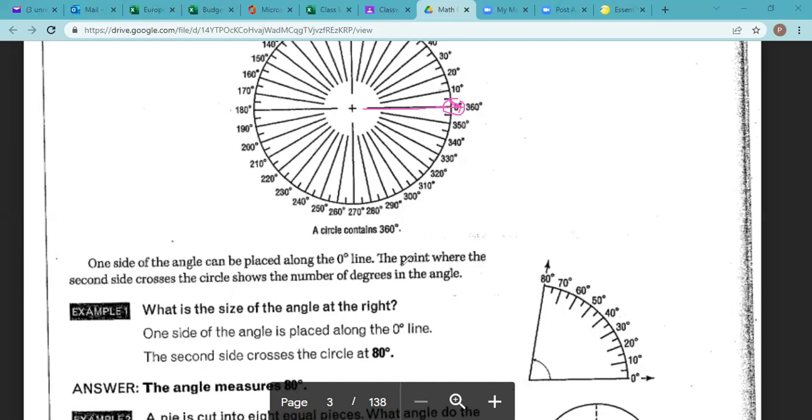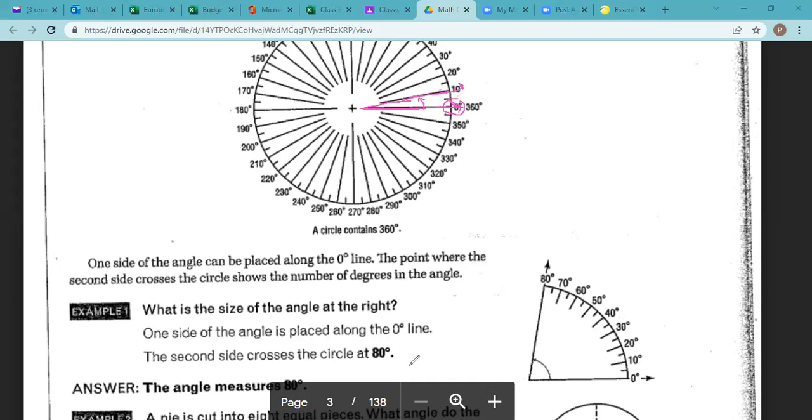The point where the second side crosses the circle shows the number of degrees in the angle. So again, if you were to go here, see if I can get it right on the line, and you were to put the curved arrow right in here, we would know that would be 10 degrees for that angle.